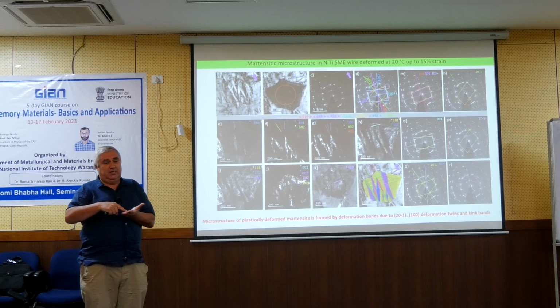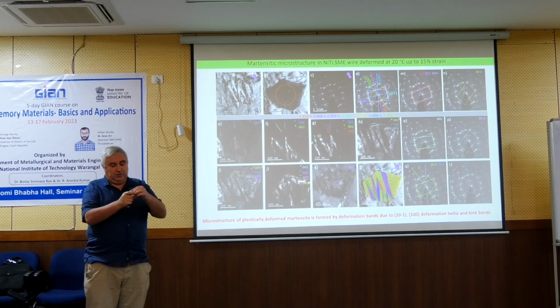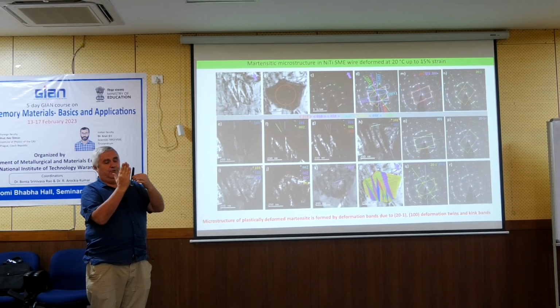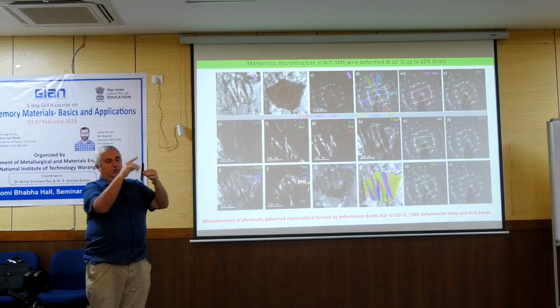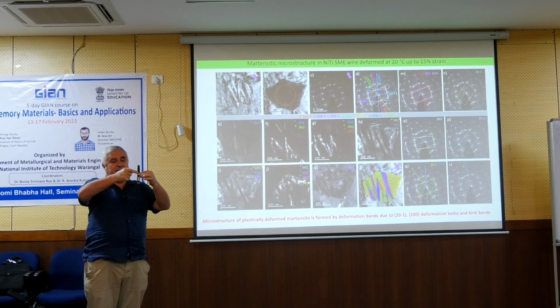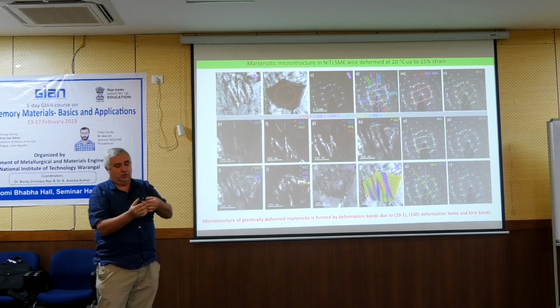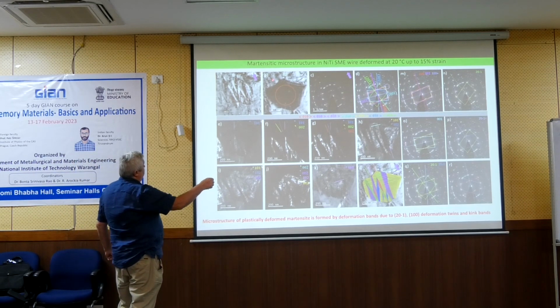The 010 direction is a direction along which the martensite is shortened, because when this is the wire, the thin foil was cut like this. So martensite is long in this direction and short in the thin direction. So if I look along the 001 direction, it will be shortened. But one thing is now very striking.